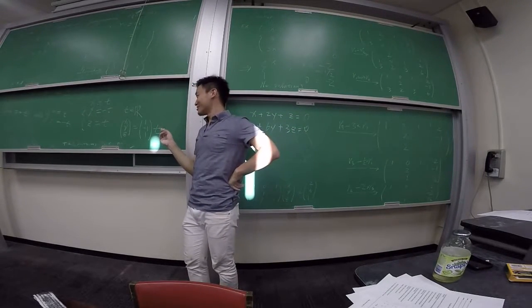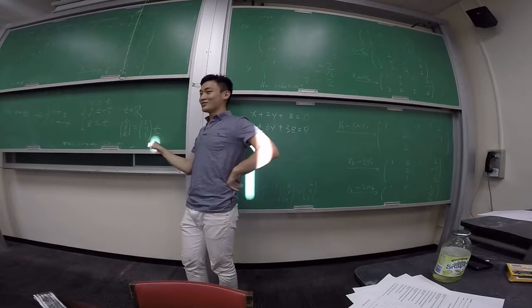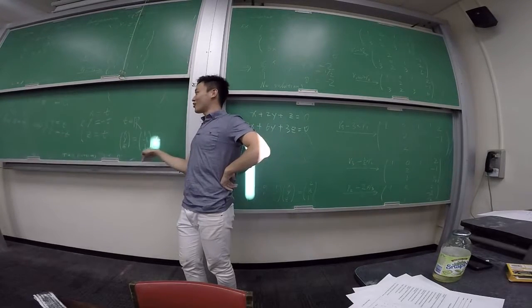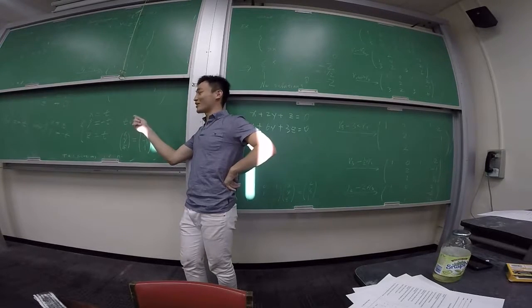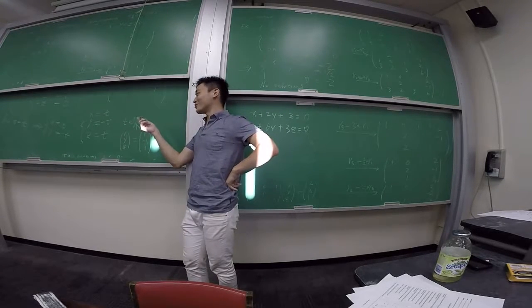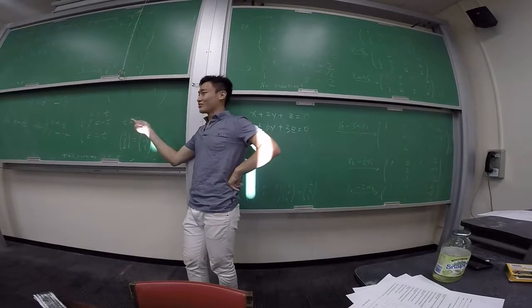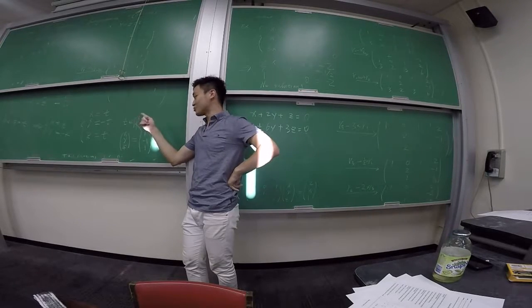Why are they all the solutions? Because, as you can see, I already assume that z is some number, some number that is unknown. Because I don't know this number, I just assume this number to be t. And after I assume this variable is equal to t, then any other variables can be uniquely expressed as an expression of t.